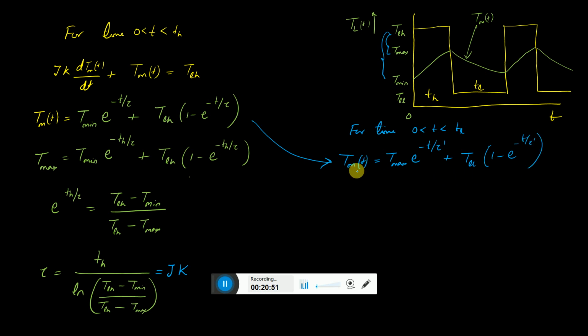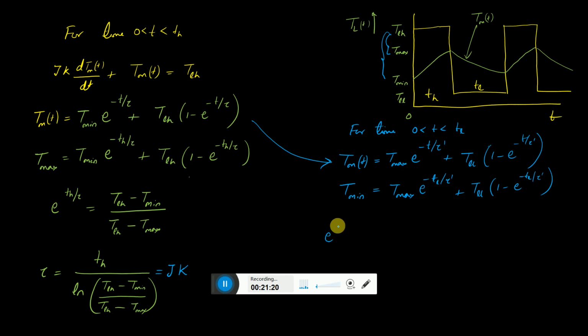Now finally at t equals to TL, what exactly is the final value it reached? T minimum it reached. So we can write here T minimum is equal to T max e to the power minus TL, the time taken in the load period, by tau dash, plus TLL, 1 minus e to the power minus TL by tau dash. So from this we can evaluate and get the value in the same way.